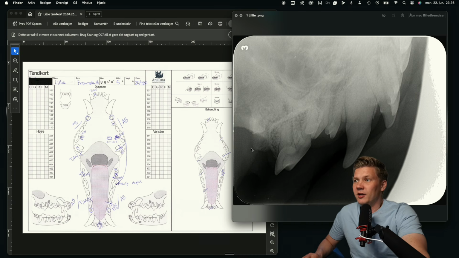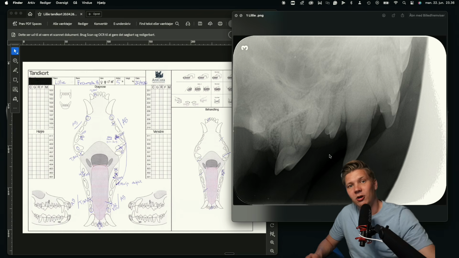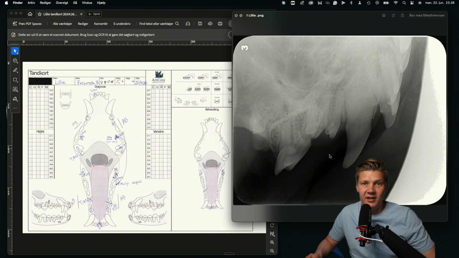So the first x-ray I take is always the first quadrant, and with brachycephalic dogs, this can be quite a challenge to interpret and look at dental x-rays. I always say that you can kind of make up your own angles when taking x-rays of brachycephalic dogs, because the teeth are not in their normal anatomical position.